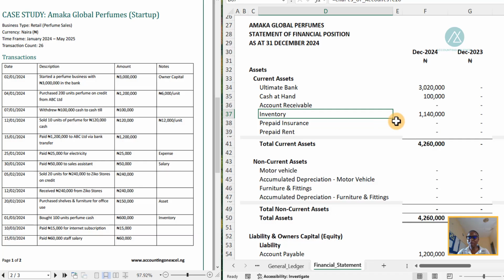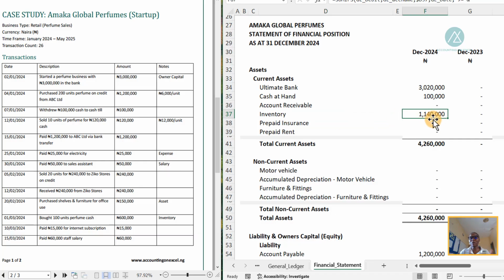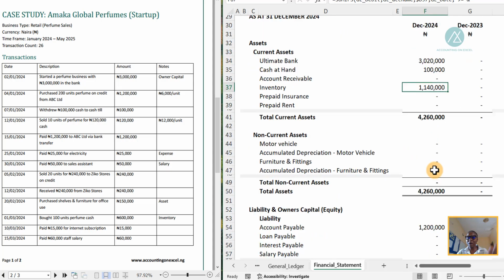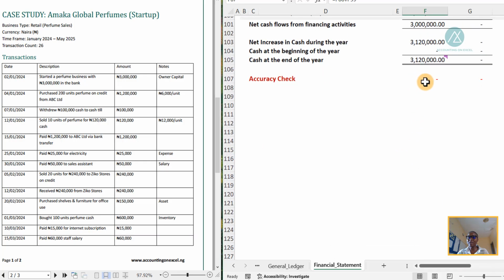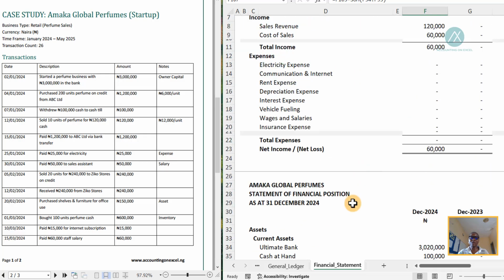Where's our inventory? You see, remember it was 1,200, but now there is a cost of 60,000 that has reduced, right? And you know, our account is balanced 4,260, 4,260, and the cash flow is balanced. Here is where you check your accuracy, right? So this is what I want us to know.